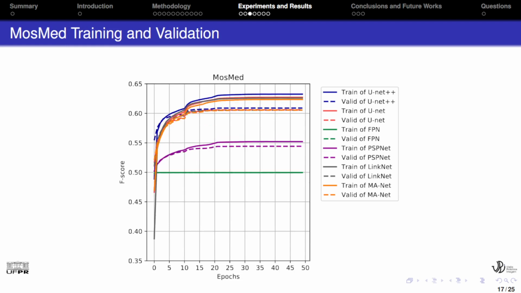In this third dataset, the highlight goes to the FPN network, which wasn't capable of learning the lesion class. In general, all datasets are extremely unbalanced, with the lesion class representing a small portion of the images. And this dataset presented the worst class imbalance, with the lesion pixels representing less than 1% of the image. Due to this problem, the FPN network wasn't capable of learning the lesion class.